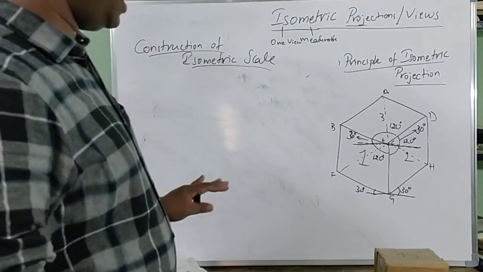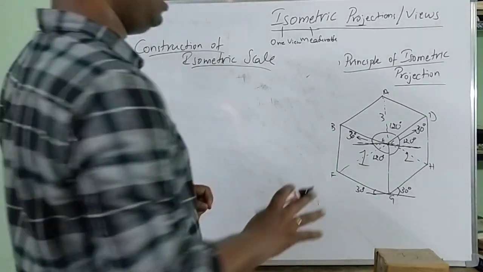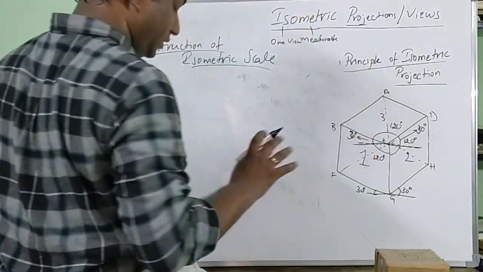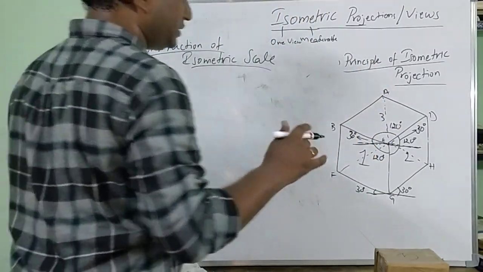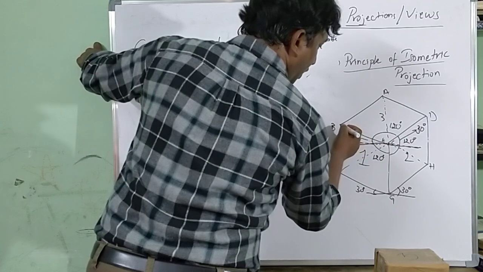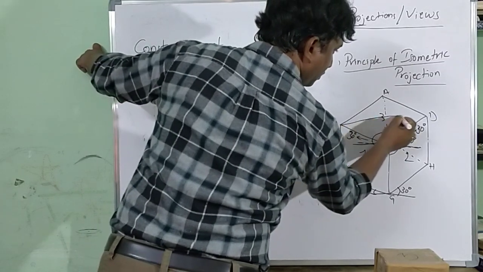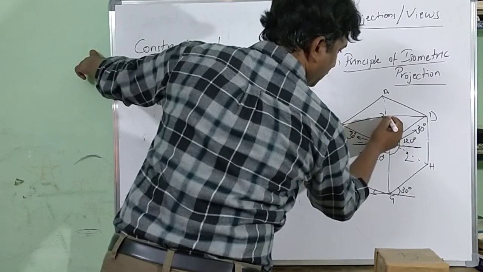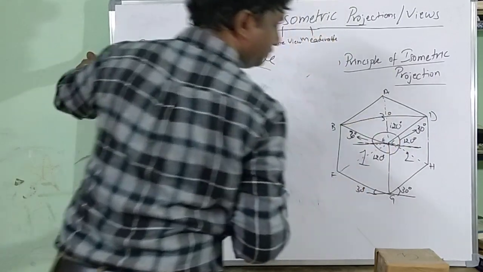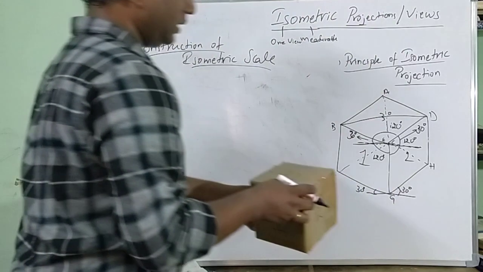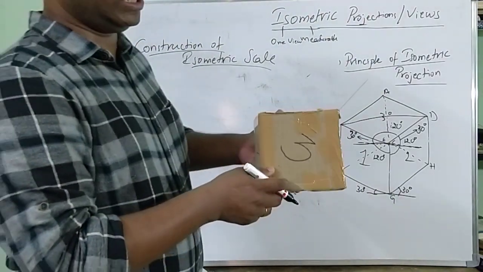If I have to draw an original square with respect to the top one, how I can draw is, see, I am drawing a diagonal here, BD, with the center O. Now think, this is the third face, which you can see clearly.